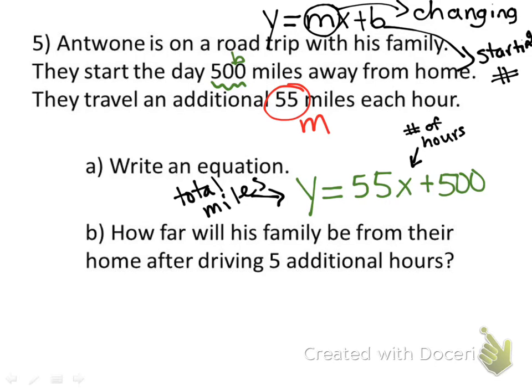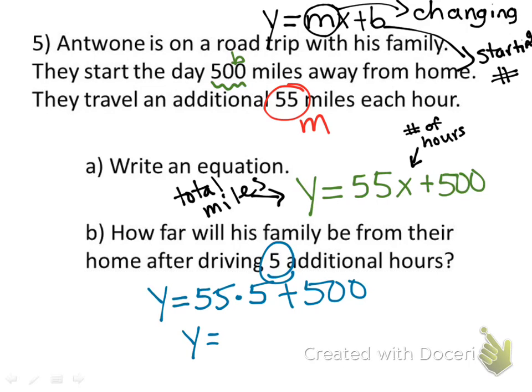All right, check out part B. It says, how far will his family be from their home after driving 5 additional hours? So is 5 going to go in for x or for y? X, because that's the number of hours. Good. So y equals 55 times 5 plus 500. 275.